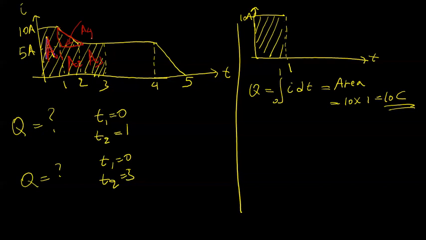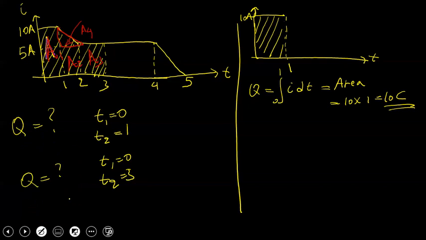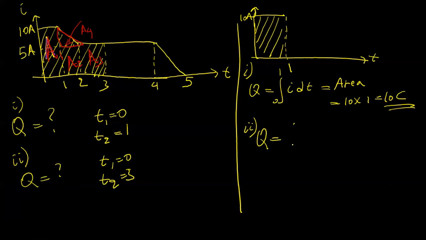So here also, this is for the first case, second case. For the second case, Q is the integral again from 0 to 3 of I dt, but now I has different values for different areas. Between 0 and 1 second, it is 10 amps.